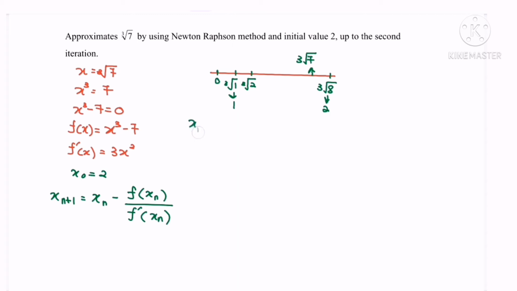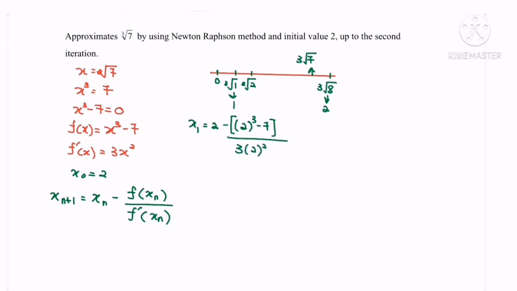So x1 will be equal to 2 minus f function. Here we will have 2 to the power of 3 minus 7. Do remember to have the bracket over. We have f prime x, which is 3x squared, so in here 3 multiplied with 2 squared.